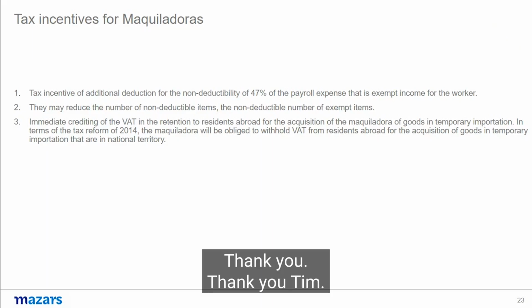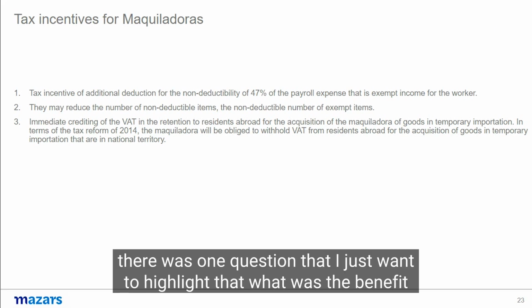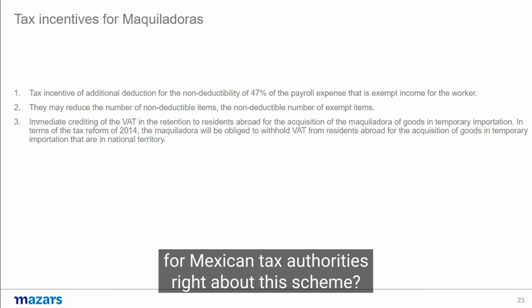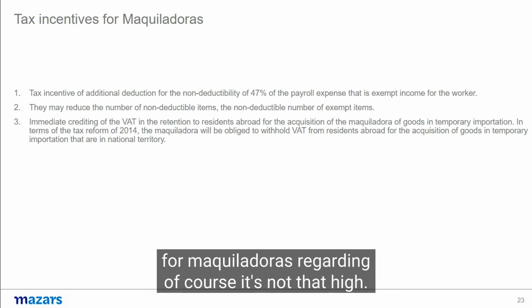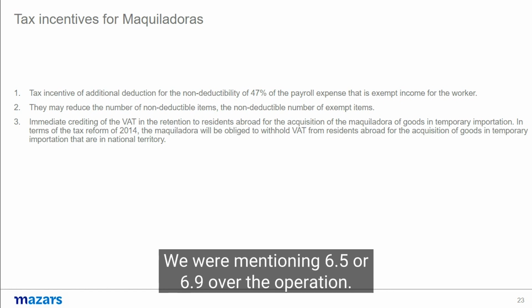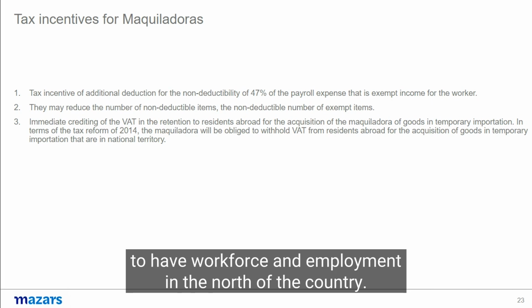Thank you, Tim. Following up on the next slide, there was one question I want to highlight: what was the benefit for Mexican tax authorities of this scheme? As we already mentioned, there is a taxable event for maquiladoras, although it's not that high, 6.5 or 6.9 percent over the operation. At the beginning this was created to have workforce and employment in the north of the country.